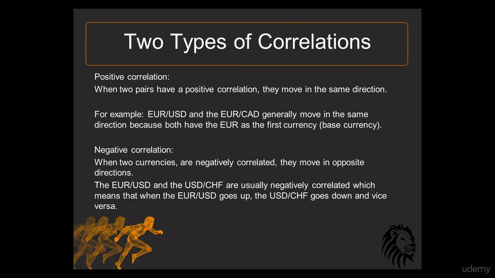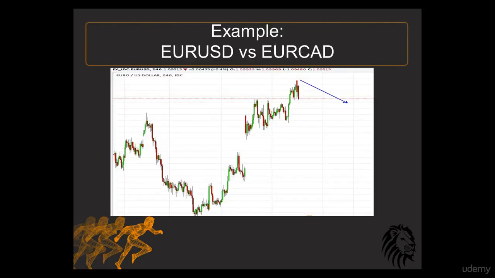For practicality reasons, let's look at an example. If we have a look at the example of the euro US dollar versus the euro Canadian dollar, which is positively correlated due to the fact that both have the same base currency. In the screenshot, you see that the euro dollar daily chart clearly shows a continuation of a bullish trend with a reversal at a key fundamental level.